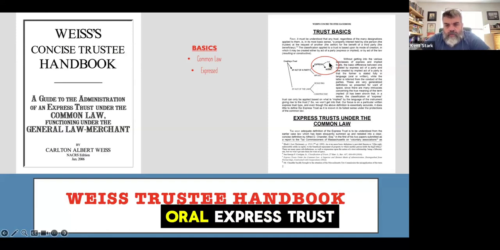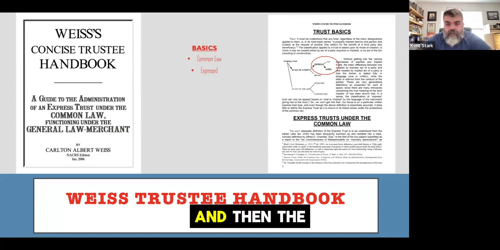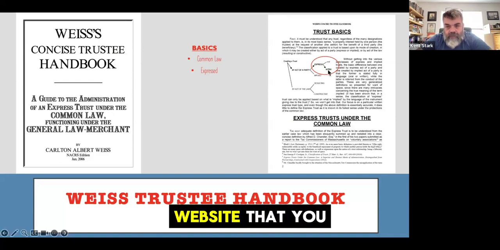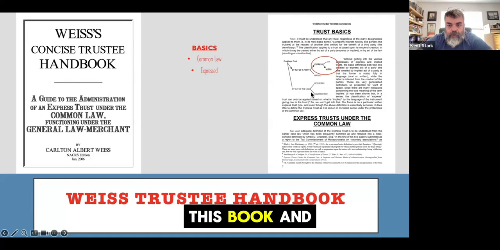The oral express trust is what you hear when people go into court and express the trust. The written version is what I have on the website that you can download and alter. That trust is literally taken from this book.